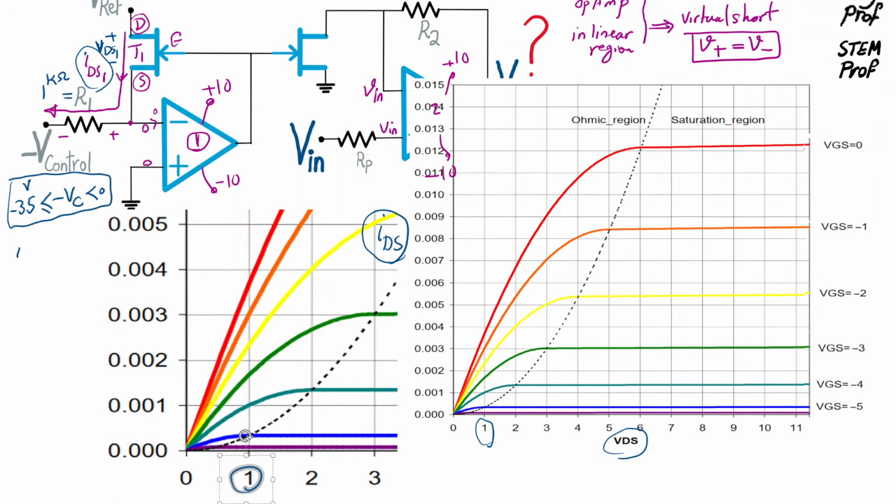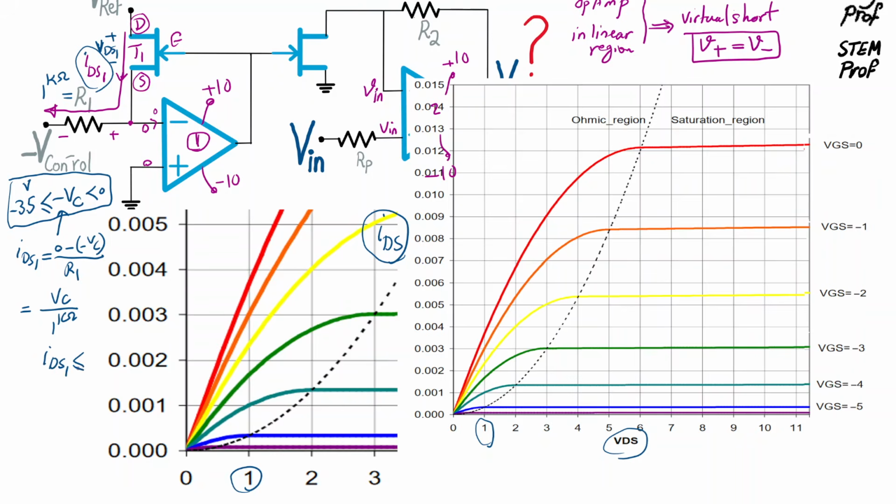So IDS1 is equal to, as I said, the voltage drop across R1 is known, which is 0 minus VC. So it's going to be 0 minus VC divided by the value of the resistor, which is 1 kilo ohm.